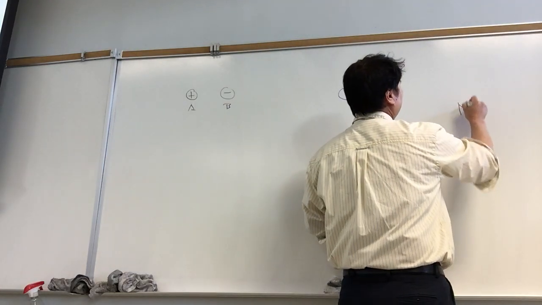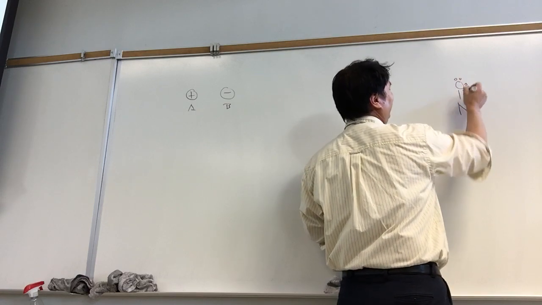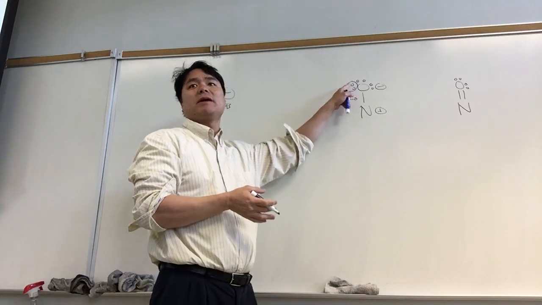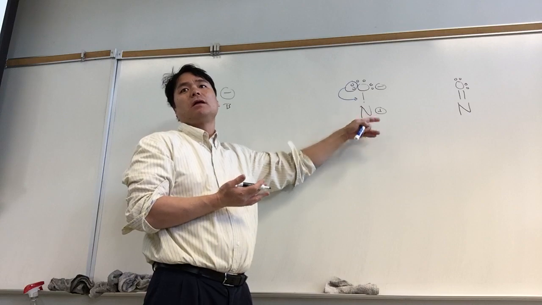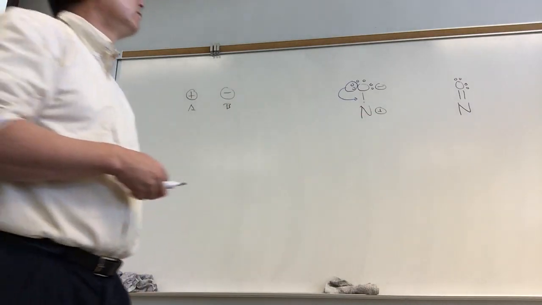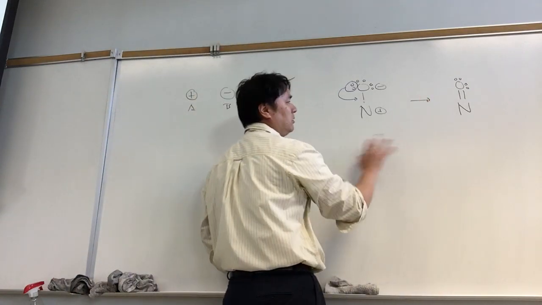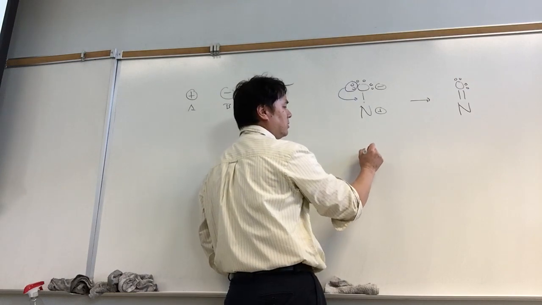So the problem is this: at what cost can we form this? If there's no cost associated with this, it's automatically going to happen, because it's unstable. But if there is a cost associated with it, well, what is the cost? Here, this should happen, no problem. But what if we had a situation like this?